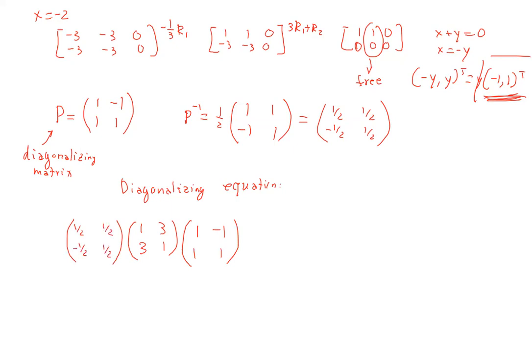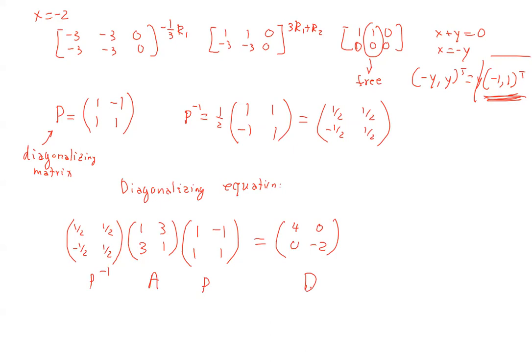And what we're going to get is the diagonal matrix, and the eigenvalues appear in the order that we put them, like this. So had we worked first with -2, then with 4, of course, the entries would have appeared the other way around. So this is the matrix A, this is P, this is P to the -1, and this is the diagonal matrix. And this is the kind of work that we need to do in order to diagonalize a matrix.